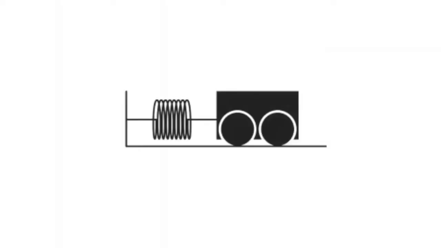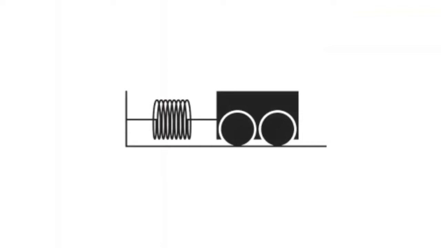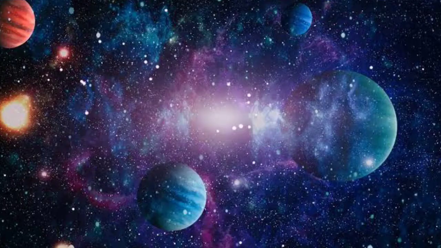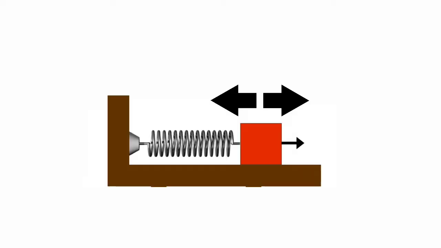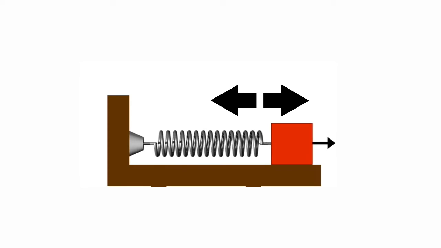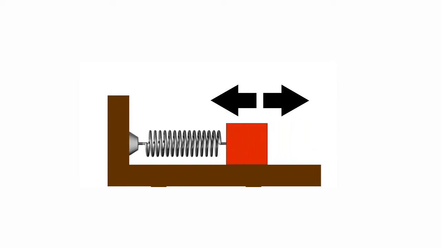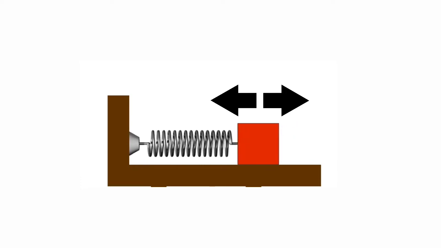Now, we have this setup. We can call this the equilibrium position of the ball. Theoretically, if we are in this perfect universe, when we pull or push the ball attached to the spring, it will never stop oscillating because there is no friction or external force hindering it to stop.